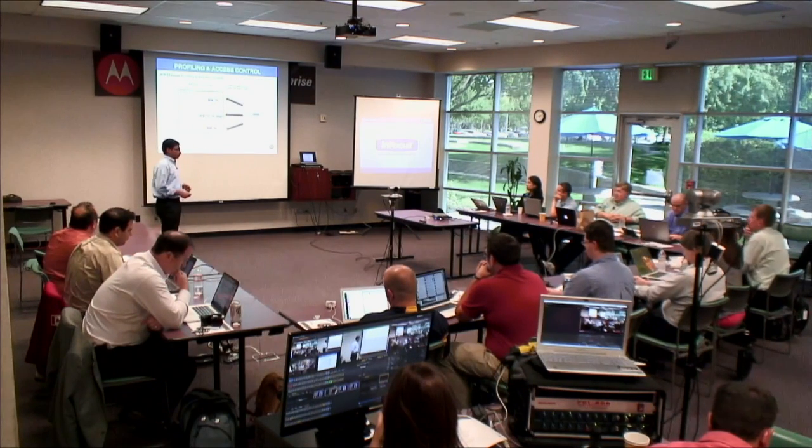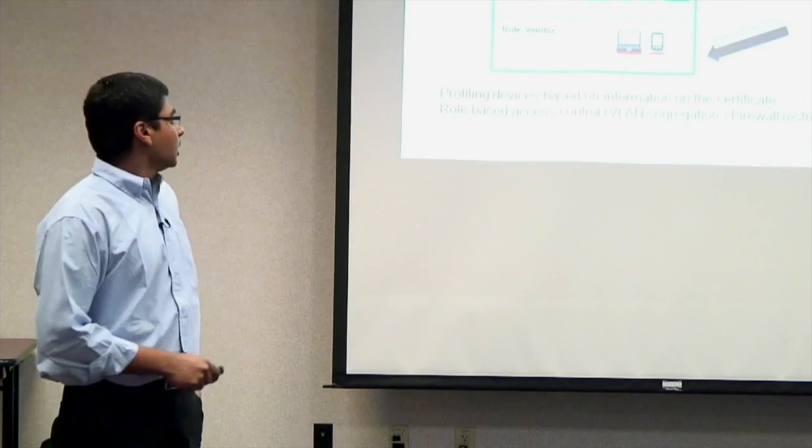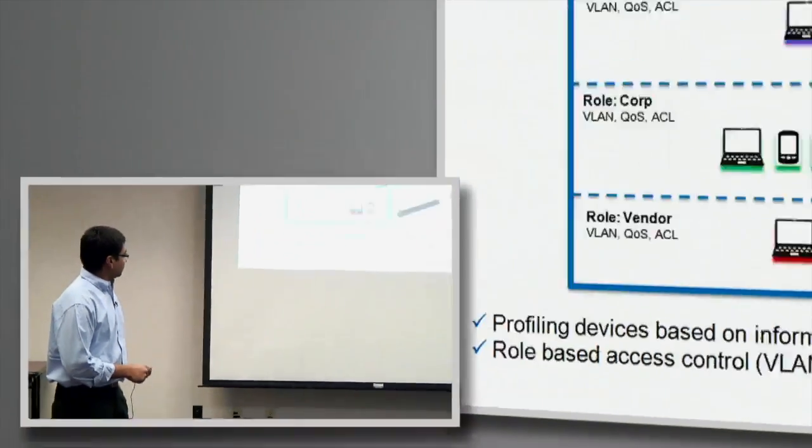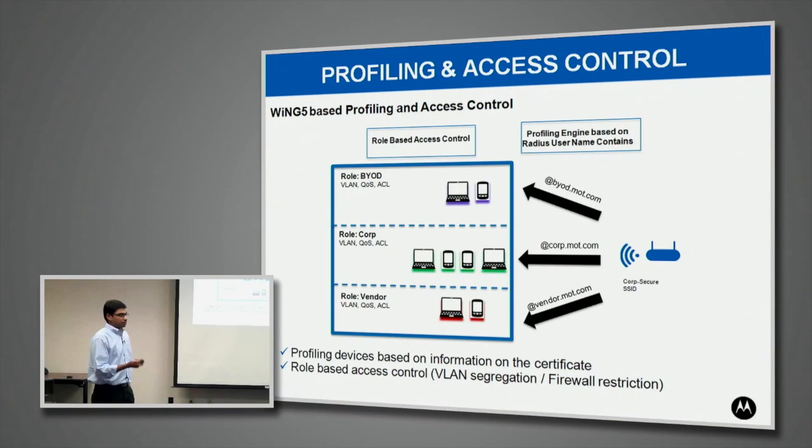So a device comes in and authenticates to the secure network, on a single SSID. Then our WiNG 5 system looks up the common name or the username and says, you have byod.more.com, so we're going to put you in role BYOD.